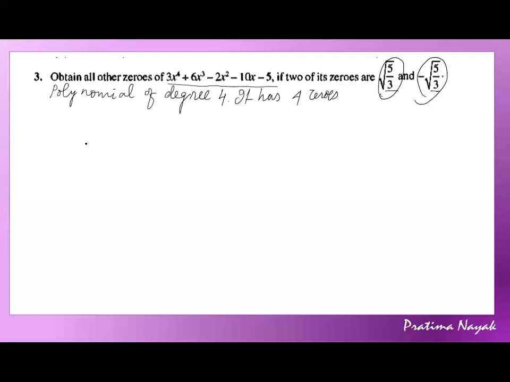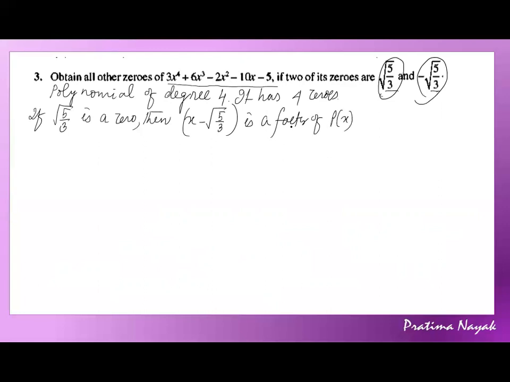Now how to proceed? I'll write: if root 5 by 3 is a zero, then x minus root 5 by 3 is a factor of p(x), which is given.